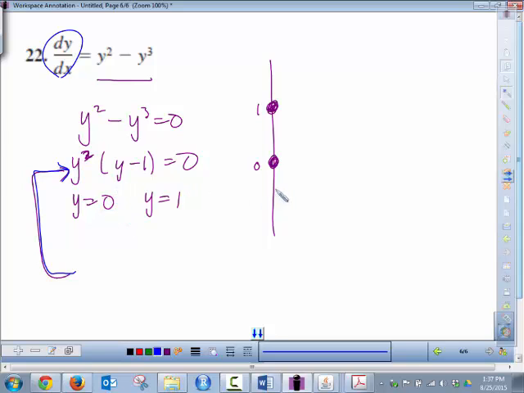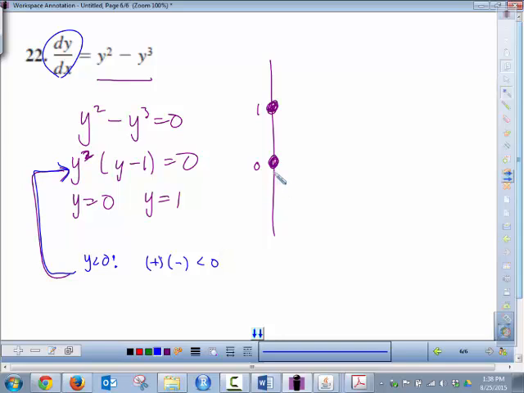So let's put a negative number in here. When we put a negative number, this is positive. So for y less than 0, we have a positive times, and if we put a negative number here, minus 1 is going to be a negative number. Is that right? So it looks like my slope is going to be negative in this case.